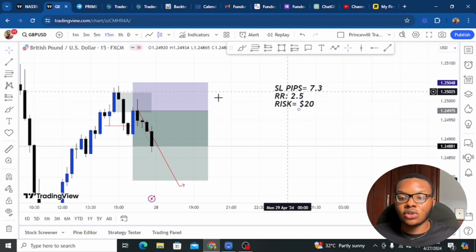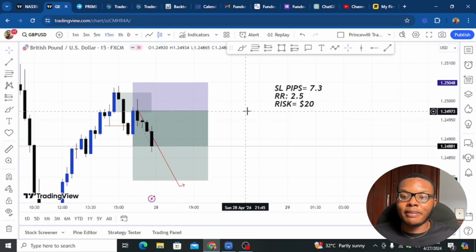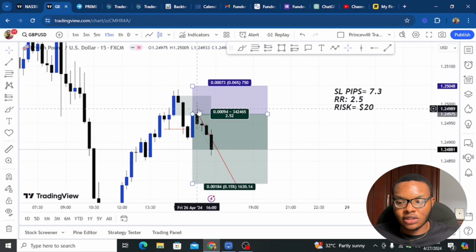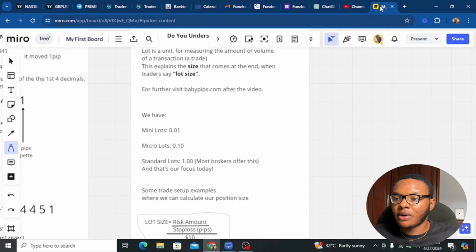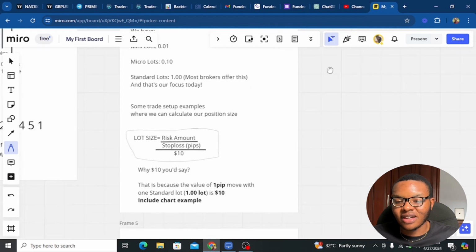So this information is all we need from this. Now remember that this is all before we enter the trade. So let's take all this information and go to our mirror app or a whiteboard, whatever. I just like to call it mirror.